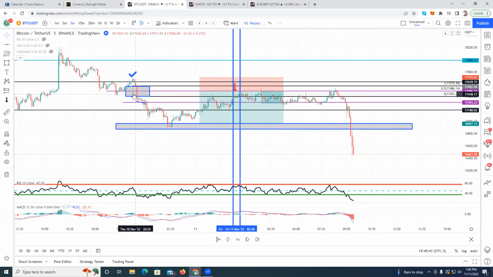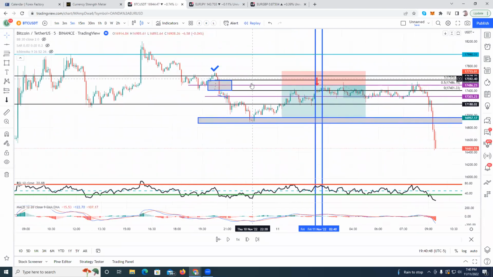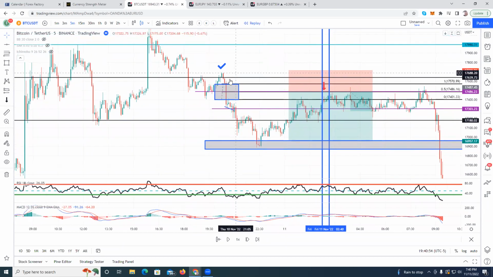Or this imbalance here? Now I know you guys hear me always say I love imbalances coming from an order block, and this is what I mean right here. This is a prime example. The imbalance wasn't directly off of the order block, but it came from that move.